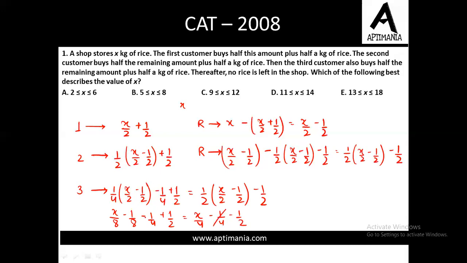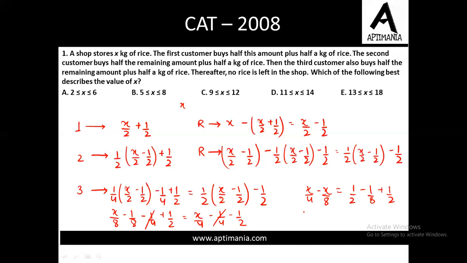This minus 1 by 4 and minus 1 by 4 will get cancelled out, right? So on solving, we'll have X by 4 minus X by 8 equals 1 by 2 minus 1 by 8 plus 1 by 2.